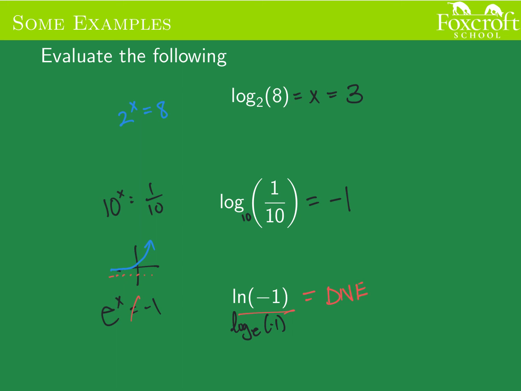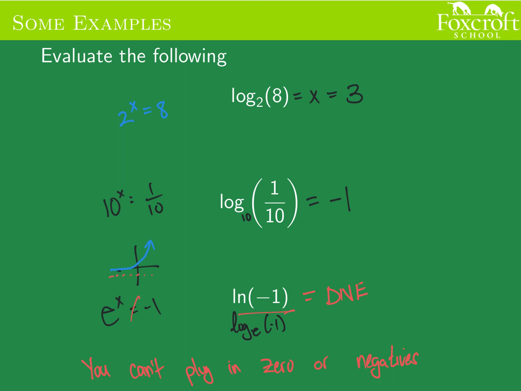One thing we mentioned really early on in the fall, and might have said once or twice since then, is that with any type of log, whether it's the natural log, common log, or any other log, you can't plug in 0 or negative.